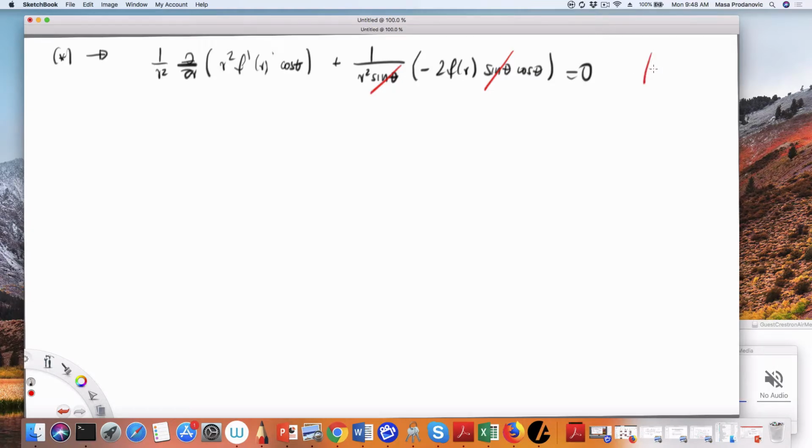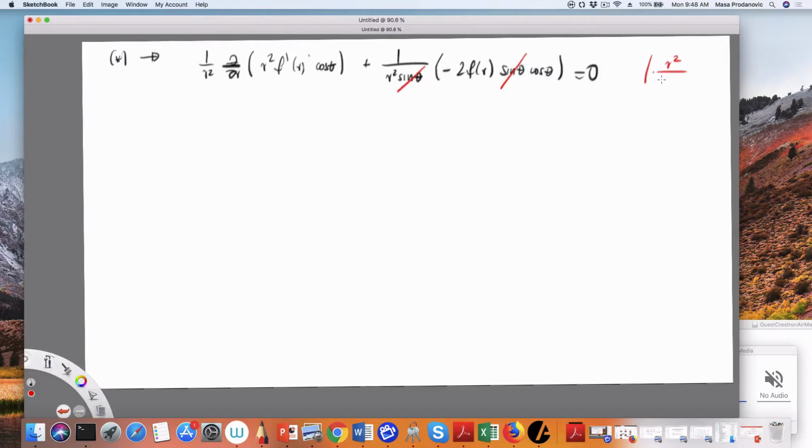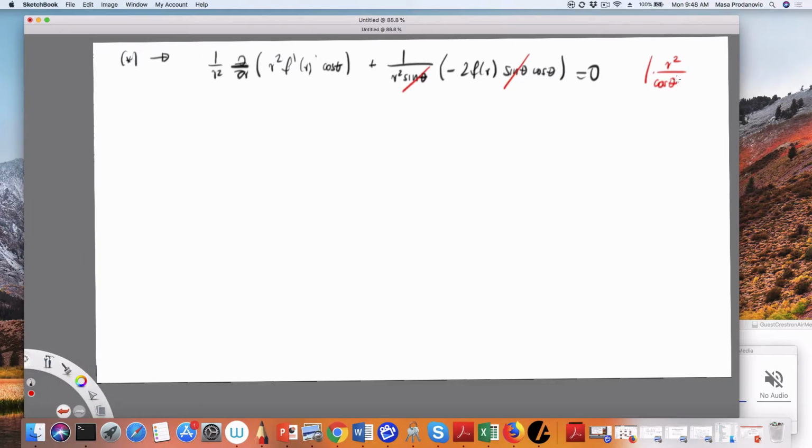So I can actually multiply that times r over cosine theta. Minus 2f of r.